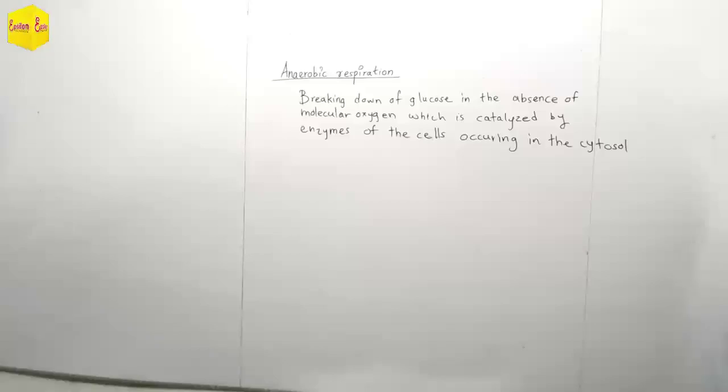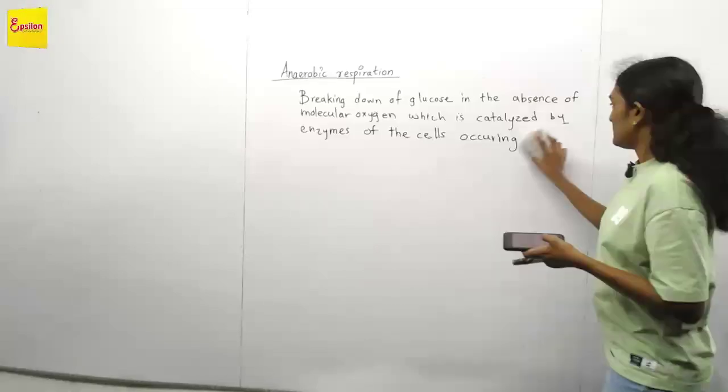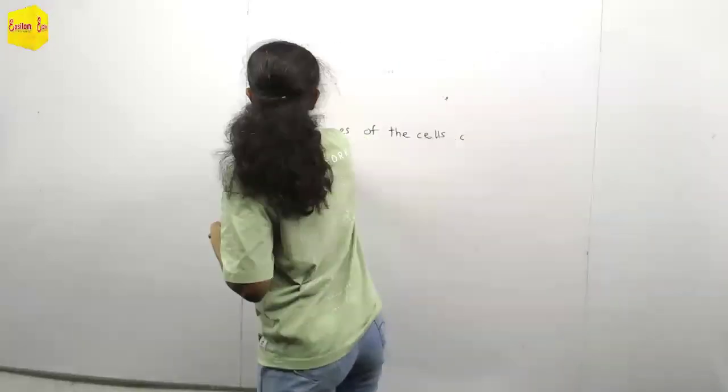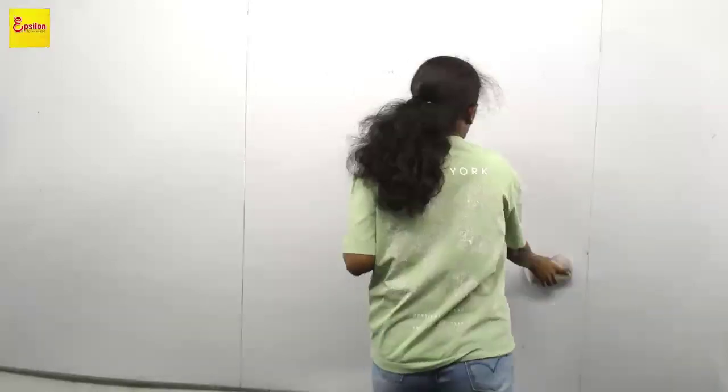Right. Now I am going to talk about the steps of anaerobic respiration. Are you all done? There are 2 types of anaerobic respiration. Only one type is happening in one cell type, not both in one cell type.